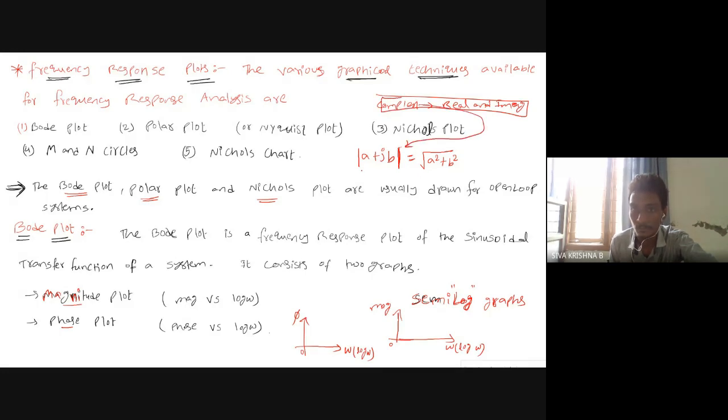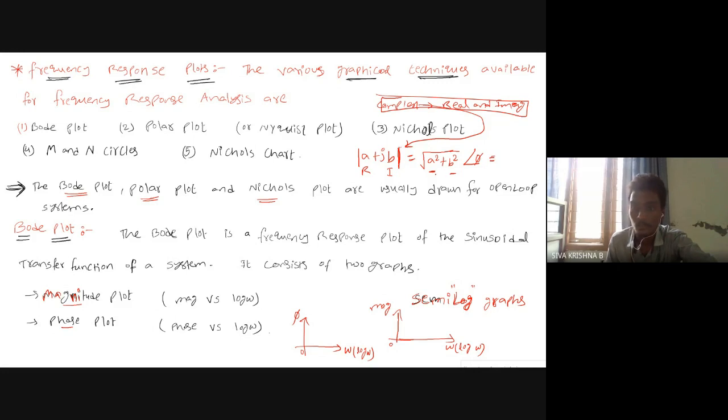That means real part square plus imaginary part square. I am repeating, real part square plus imaginary part square. So this is the magnitude, that means root over a square plus b square, and at an angle theta or phi.